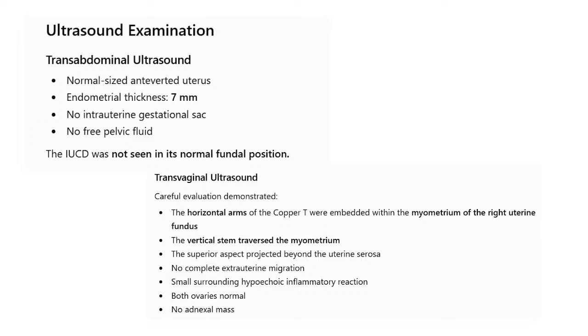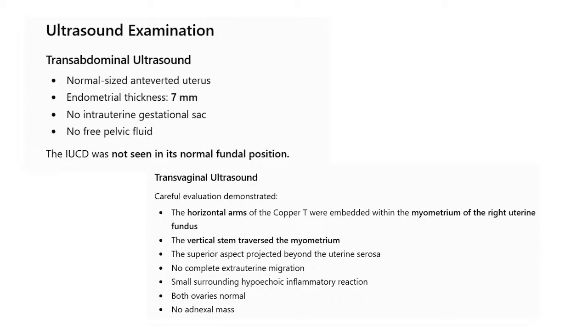Transvaginal ultrasound, careful evaluation demonstrated the horizontal arms of the IUCD were embedded in the myometrium of the right uterine fundus. The vertical stem traversed the myometrium. The superior aspect projected toward the uterine serosa. No complete extrauterine migration. Small surrounding hypoechoic inflammation noted. Both ovaries normal, no adnexal abnormality.